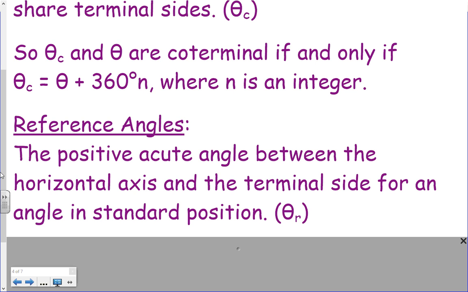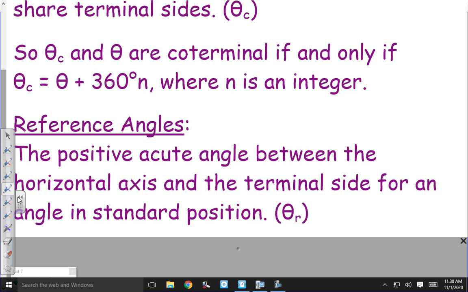Well, the book will use theta sub ref. If you want to write it that way, that's fine, but we're just going to use theta sub r. Just realize if you see the book using theta sub ref, they're talking about the reference angle in that problem.